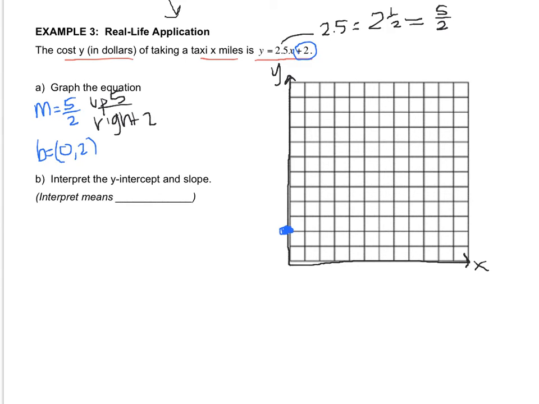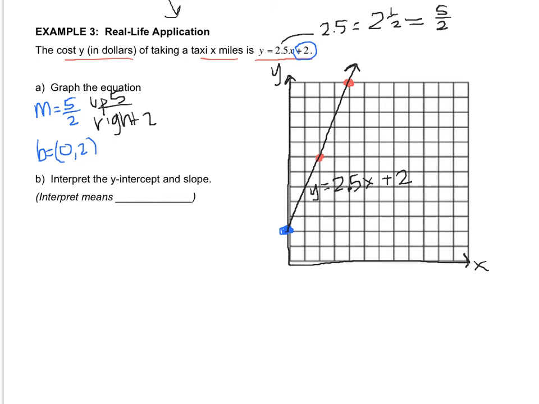So from this point right here, I'm going to go up 5 and right 2. And then I'll go up 5 again, right 2. Make your line, get a straight edge. Now don't put arrow tips down here because it doesn't make sense to go into the negatives. And let's write the equation. y equals 2.5x plus 2.